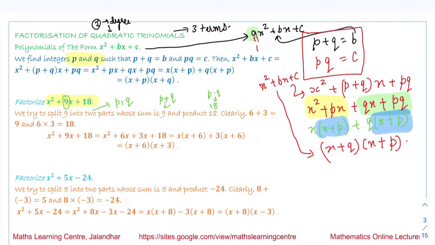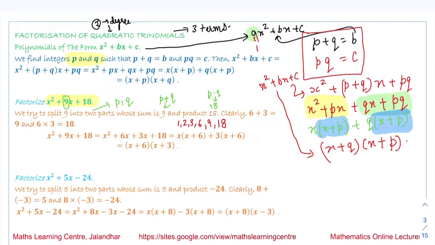It means we are interested in the factors of 18. If I write the factors of 18, they are 1, 2, 3, 6, 9 and 18.